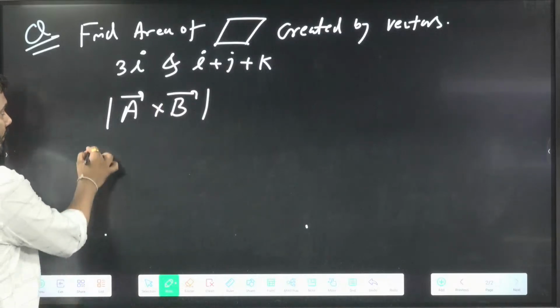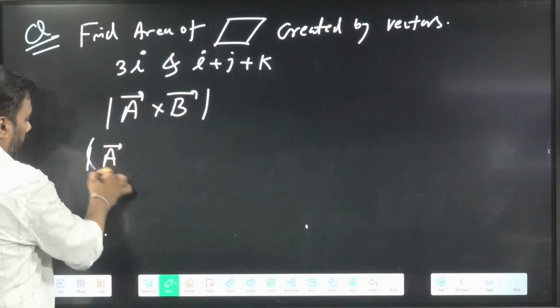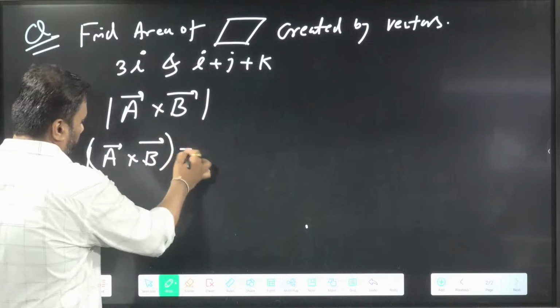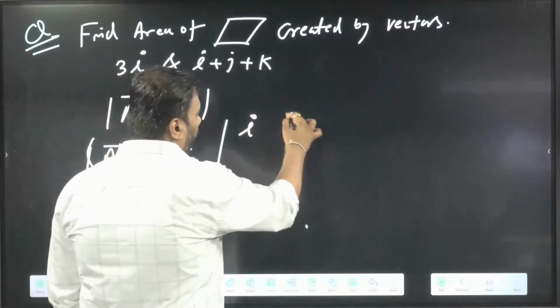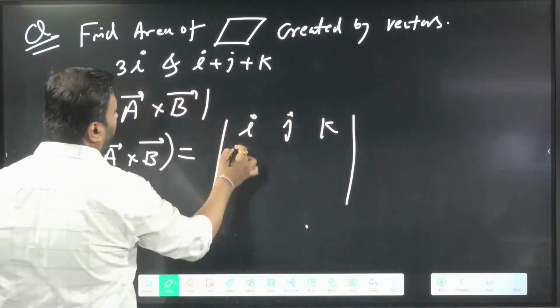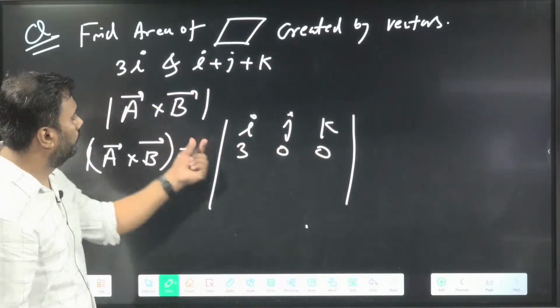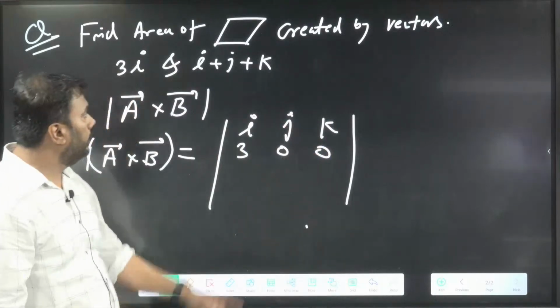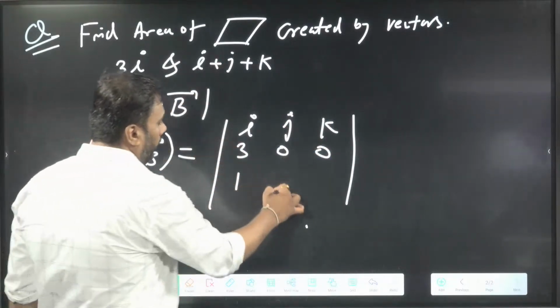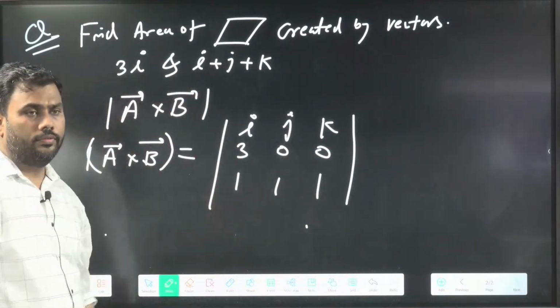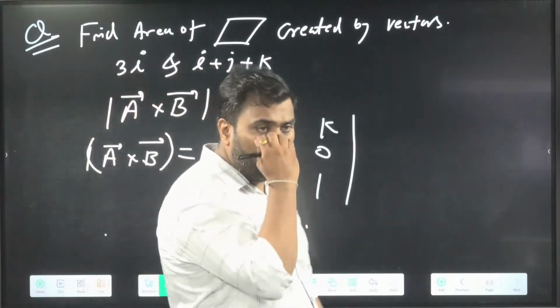Okay, so let us first find the cross product of the two given vectors in i, j, k form. The first vector is only 3i, so it will be 3, 0, 0. The second vector is i plus j plus k, so 1, 1, 1. Many people are giving the correct answer.